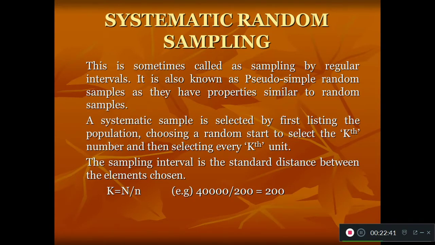A systematic sample is selected by first listing the population and choosing a random sample by applying the formula k equals N by n. Here N represents the total number of the population.